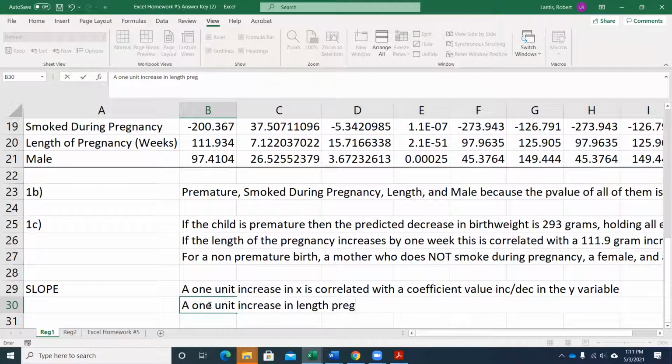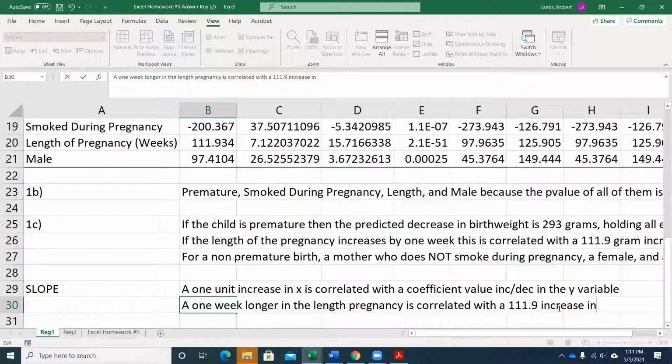Right? That is not completely incorrect, but if you know the units, which I'm telling you here, 1 unit is the general interpretation. So a 1 week longer, or 1 unit increase in the length of the pregnancy, is correlated with a 111.9, the value of the coefficient, increase in our y variable, birth weight.